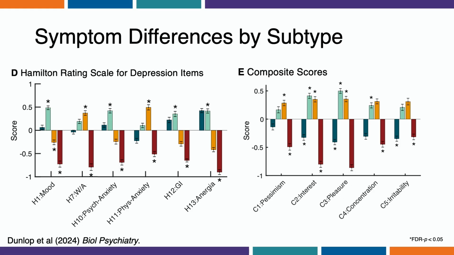Subtypes 2 and 3, in blue and this mustard color, had increased predominantly anhedonia, so on these 2 composite scores that we created. So lack of interest and a lack of enjoyment. But they also had some deficits on things like concentration and irritability. The 4th subgroup in red generally had the least severe symptoms across the board.